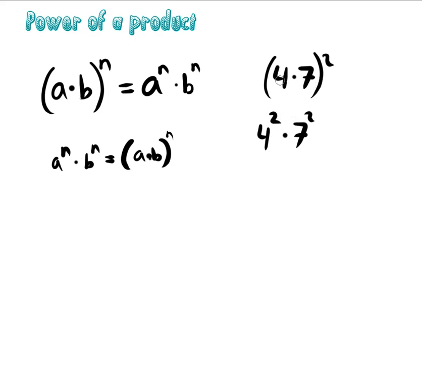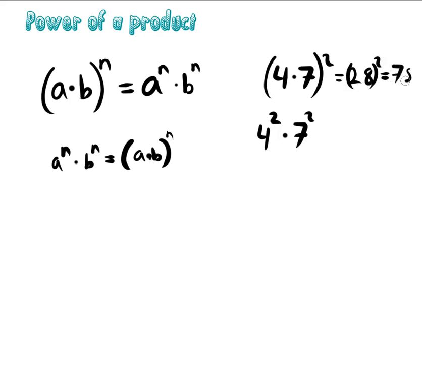We could actually calculate that. 4 times 7 is 28. If you type in 28 squared into a calculator, or 28 times 28, you're going to get 784. So this is equal to 28 squared, which is equal to 784.